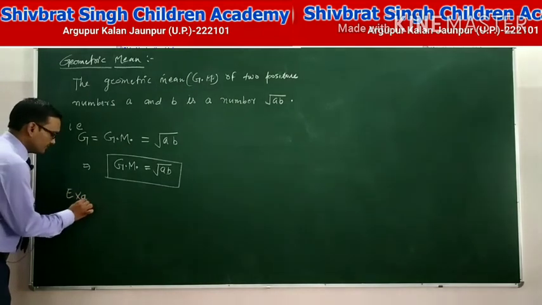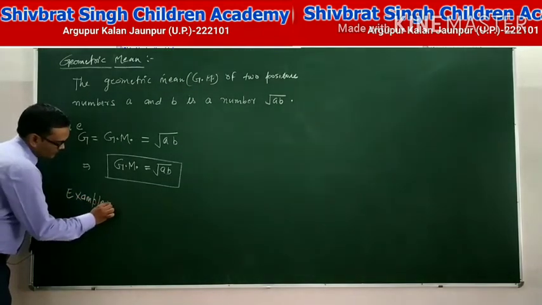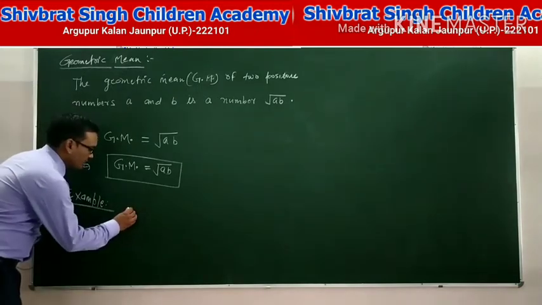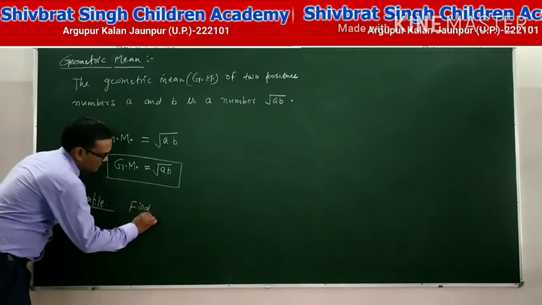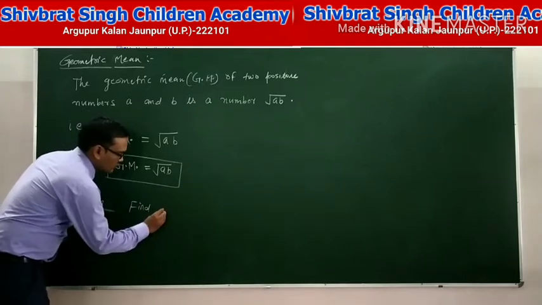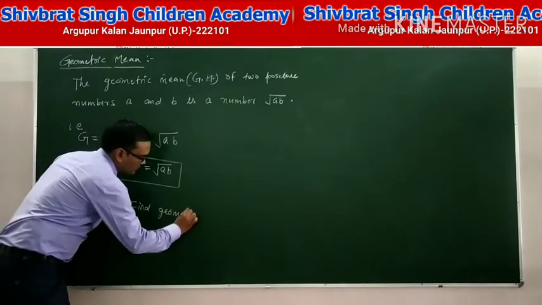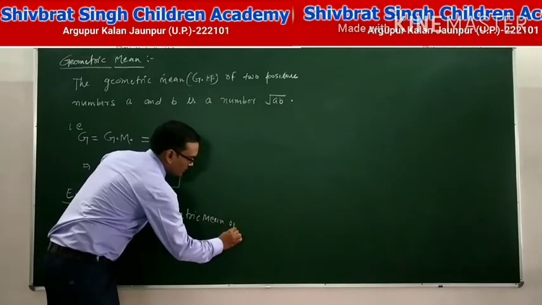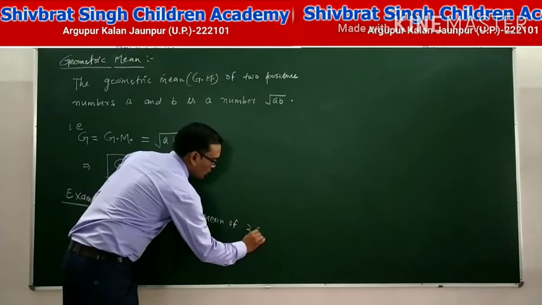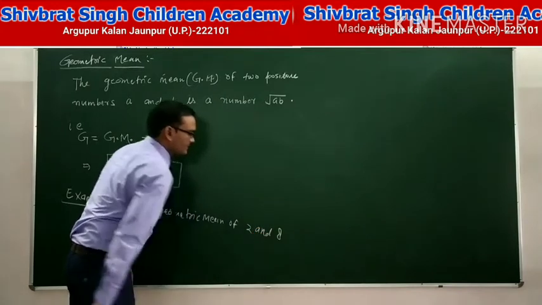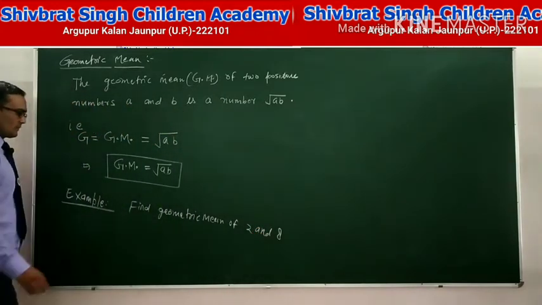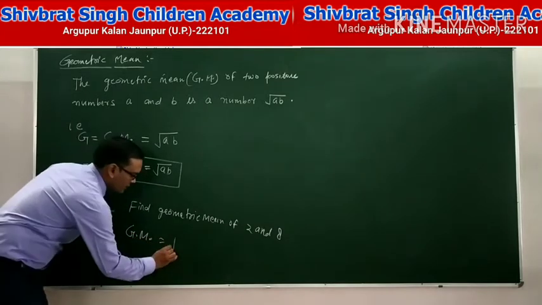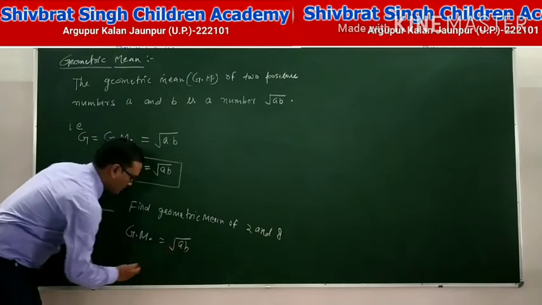Example: find geometric mean of 2 and 8. GM, that means geometric mean, is square root AB.